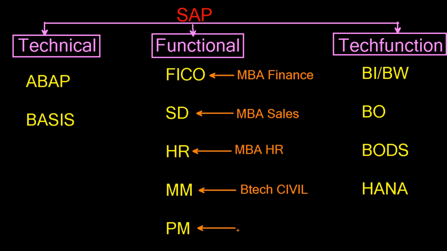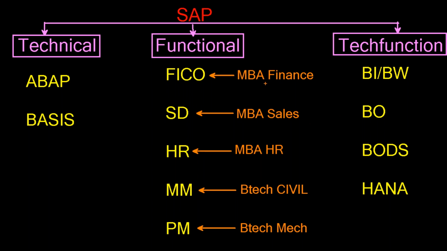Plant maintenance: BTech mechanical people are eligible to learn plant maintenance. MBA sales means marketing people, so MBA marketing people are eligible for SAP SD.